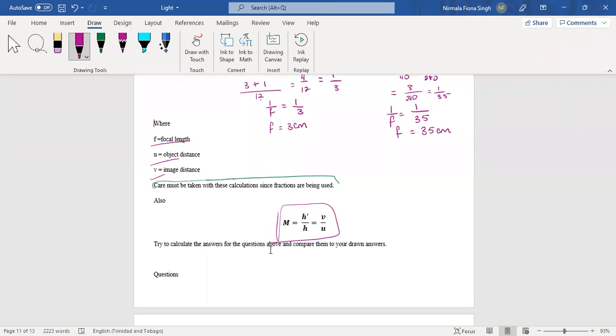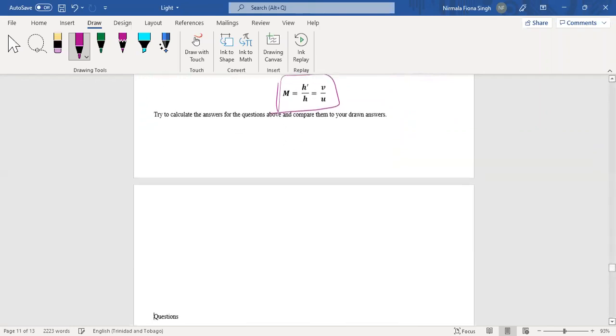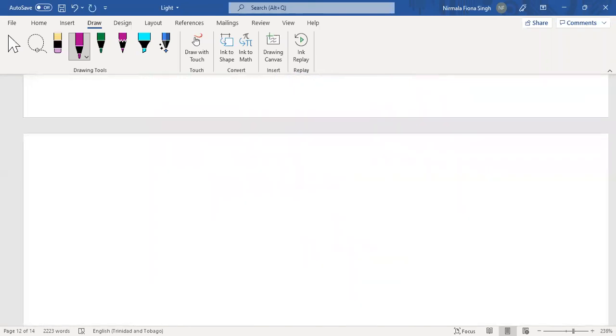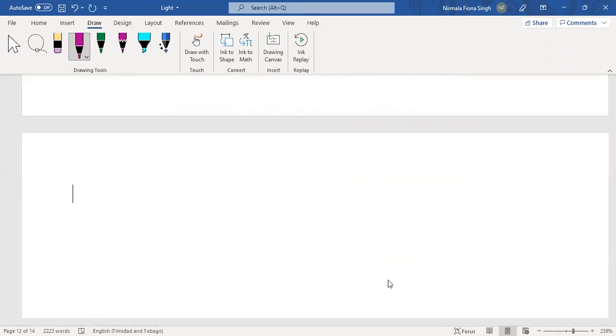Now, a little tip here. Let me just do one from the opposite direction now. Example 2 on calculation. Suppose I tell you the focal length of something is 10 centimeters and my object distance was 12 centimeters.